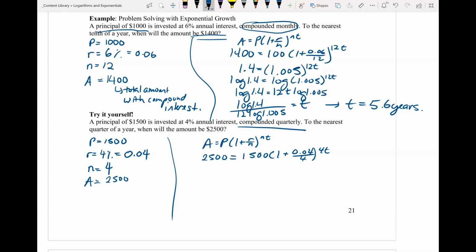Okay, so the first thing I'm going to do is divide both sides by 1,500. And then I am going to simplify what's inside that bracket. So 1 plus 0.04 divided by 4 is 1.01. On the left hand side, I can simplify this, which is 5 over 3. And then I can take the logarithm of both sides.